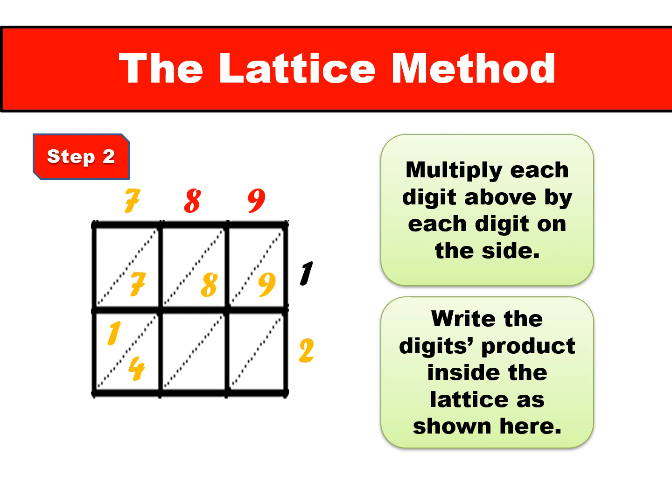We will place the tens digit above the diagonal and the ones digit below the diagonal. 8 multiplied by 2 is 16. 9 multiplied by 2 is 18.